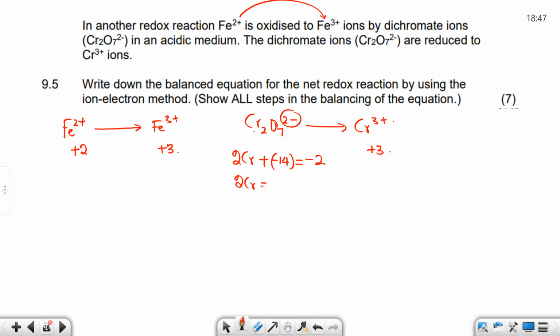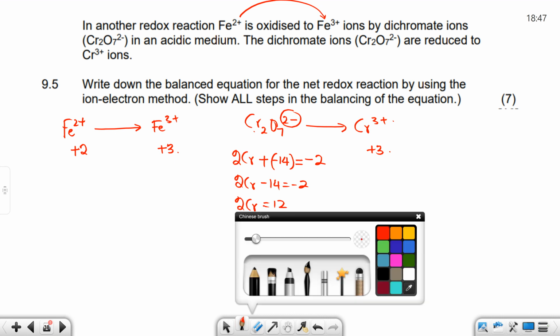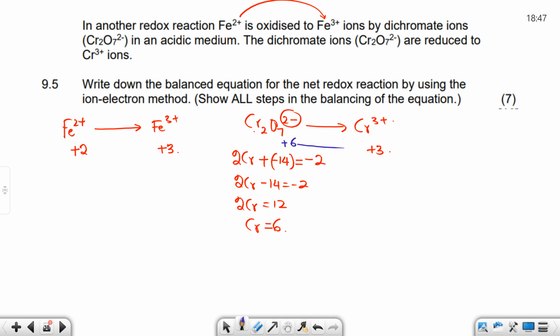So 2Cr minus 14 equals negative 2. If we move that, it becomes positive, right? Which will give us what? 12. So the oxidation number of chromium here is what? 6. So please take note. And it makes sense now. When they say it was reduced, it was positive 6, it's now what? Positive 3. So it makes sense.